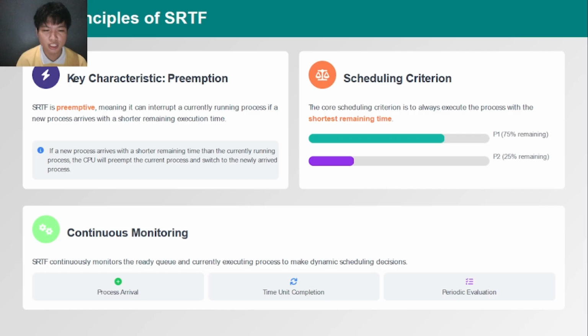If a new process arrives and its remaining execution time is shorter than the remaining time of the current process, the CPU will immediately interrupt the current process and switch to the newcomer. This ensures that the CPU is always working on the task that is closest to completion.